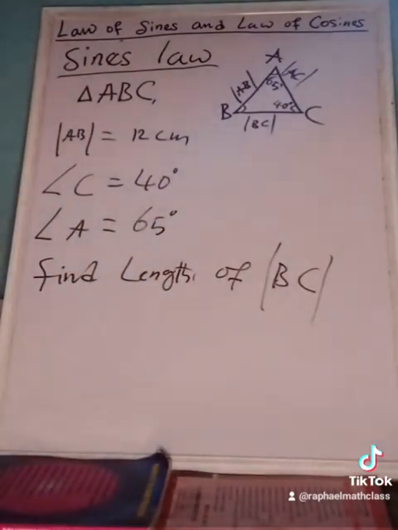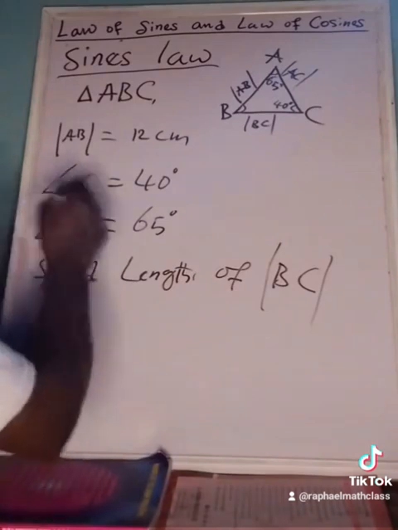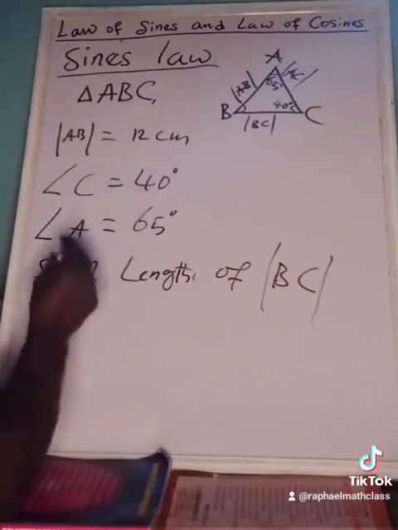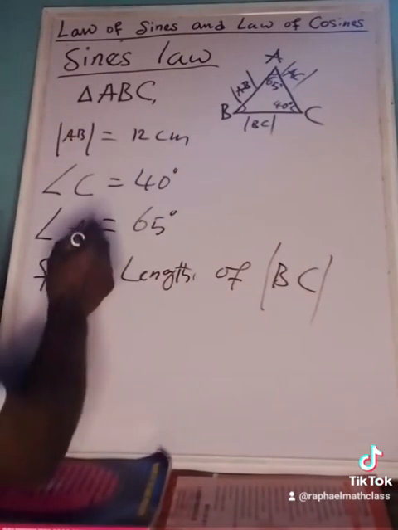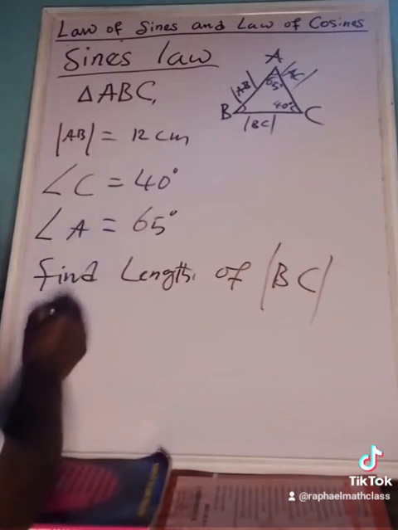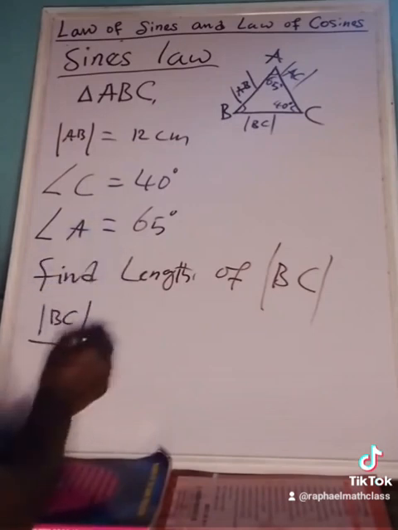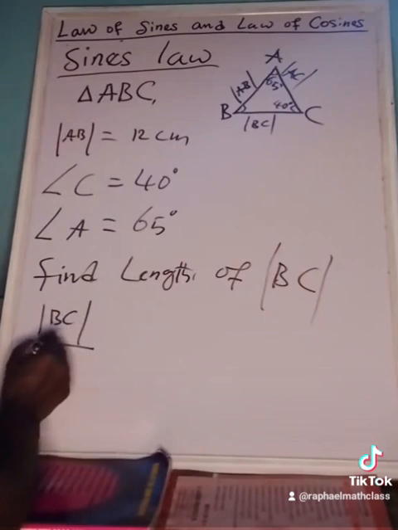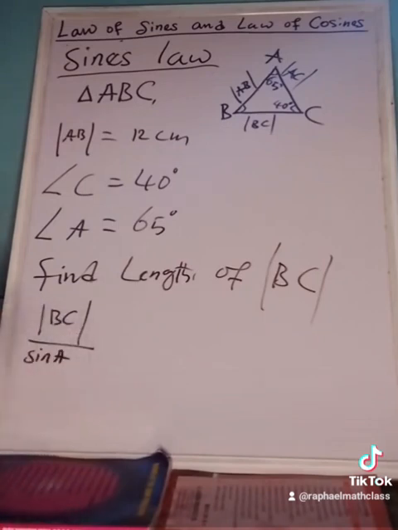Remember, this is our sine law. Our sine law says that side BC divided by sine A, you understand? This is what they are saying.